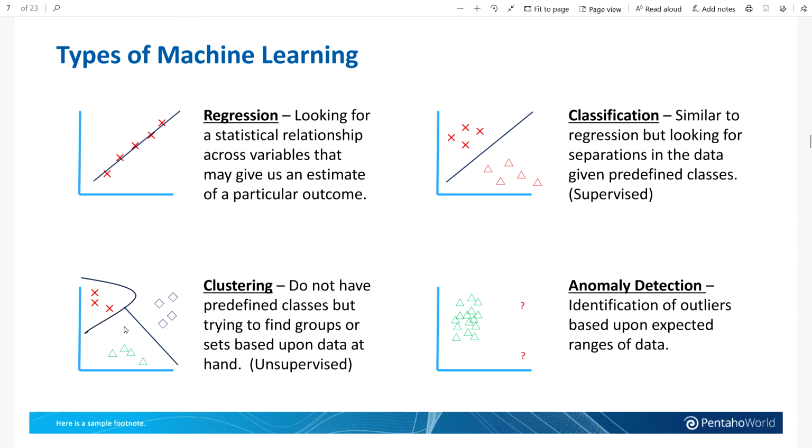The second one is the classification problem, which is similar to regression, but we are looking for separations in our data, given some predefined classes. Say we are trying to understand an image of a cat or a dog.